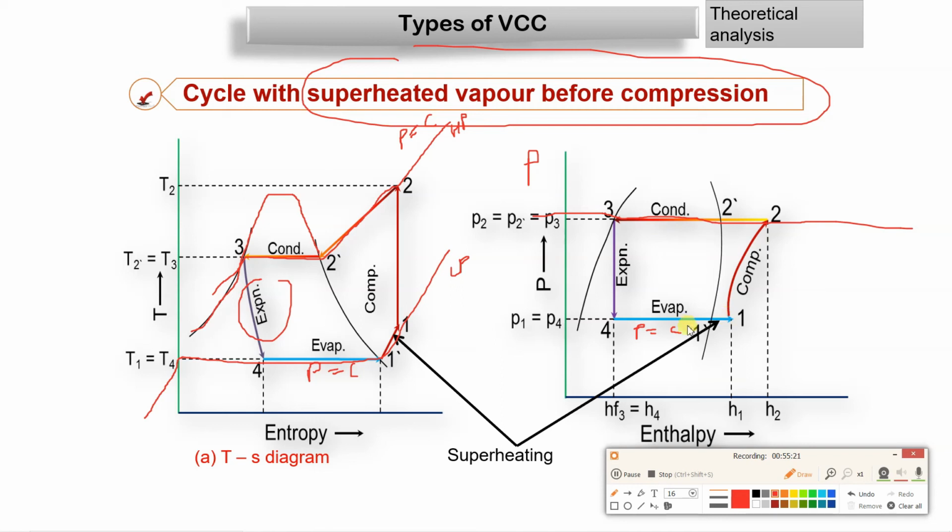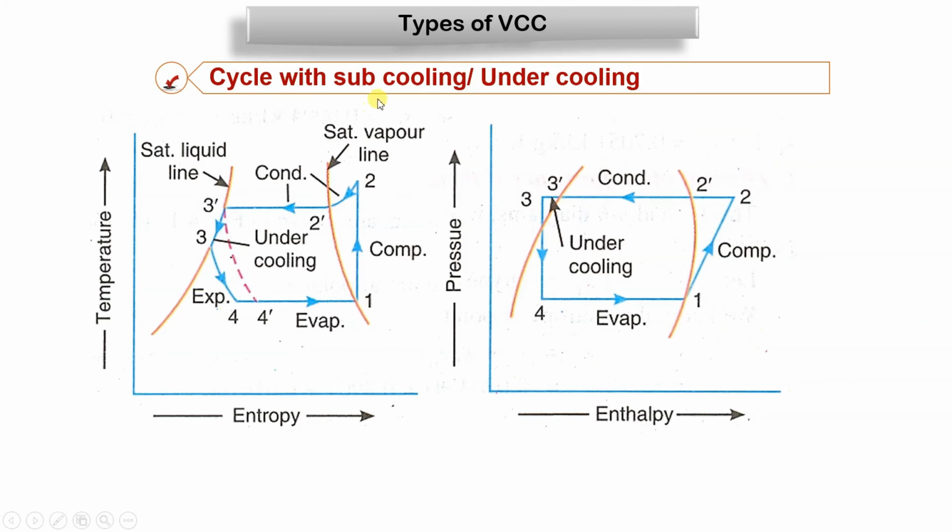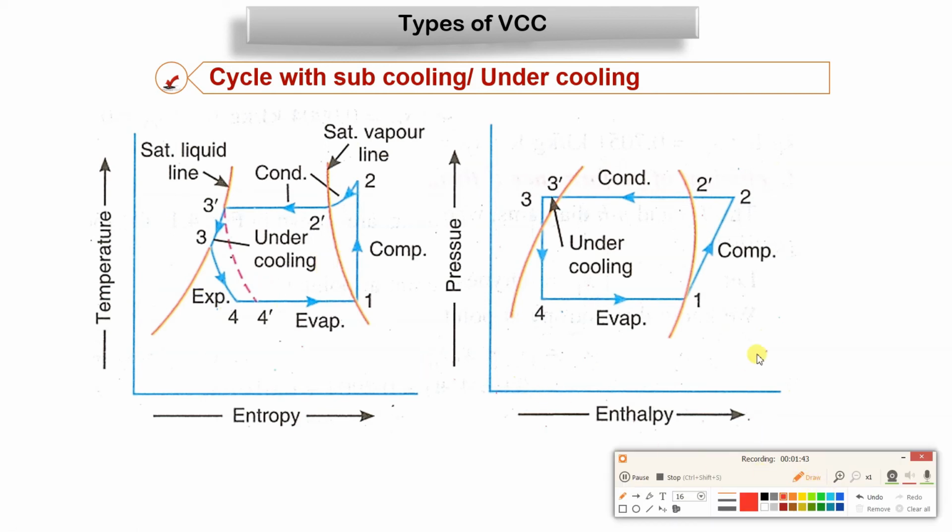Okay, so based on the given data we have to draw pH and TH diagram, cycle with subcooling or undercooling. Now understand the cycle. pH diagram is shown here and TH diagram is shown here. So what is the nature of constant temperature curve on pH diagram?